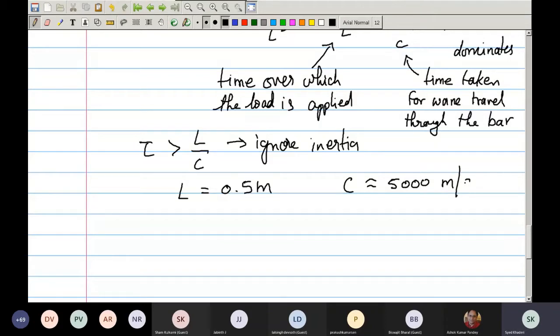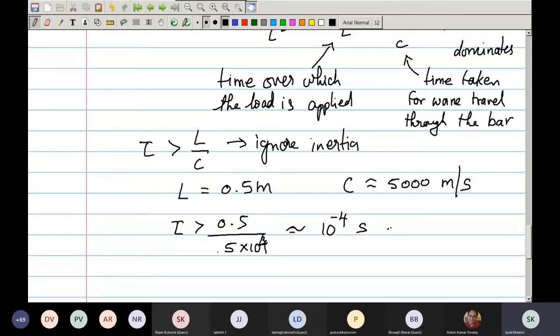So if you have to include inertia, then your time should be at least larger than 0.5 by 5000, which is approximately 10 power minus 4 seconds.